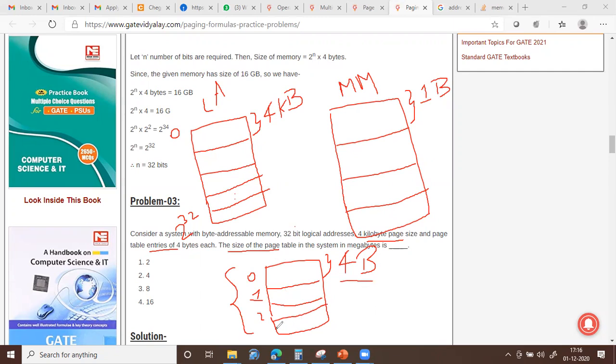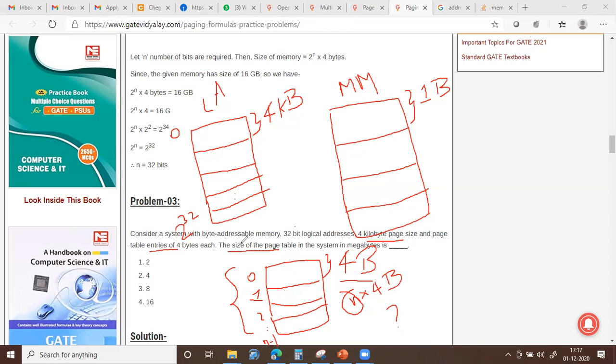We should know how many entries there are in total. It may be from 0 to n minus 1. If we know that n, then we just multiply n with 4 bytes. That is the answer. But we don't know this n; this n is the one we have to calculate. So once we identify n, multiply it with 4. So how do we do that?